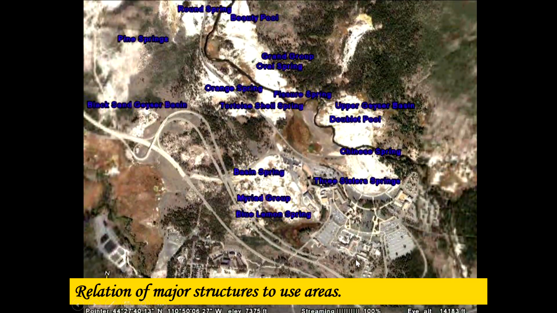This is the parking area, Old Faithful Lodge, and the Snow Lodge. I think this is the one that's open in winter, if I've got my orientation right. And then there are boardwalks that go out among all of the geysers and the springs. So these are boardwalks. They're trails up into a number of places.